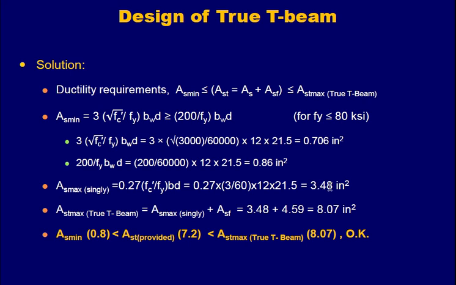So 3.48 square inches is your As maximum for the singly reinforced case, and you know the value of Asf, so just add them together, it comes out to be 8.07 square inches. So your provided area of steel is 7.2, which is less than Ast maximum for a true T-beam and greater than As minimum. Okay, your design is okay and you are good to go.